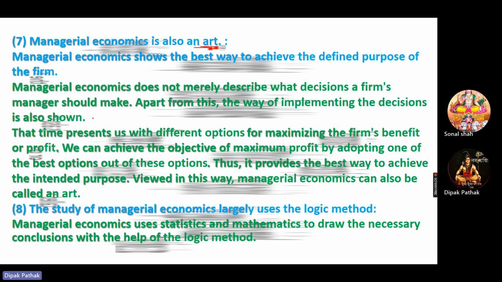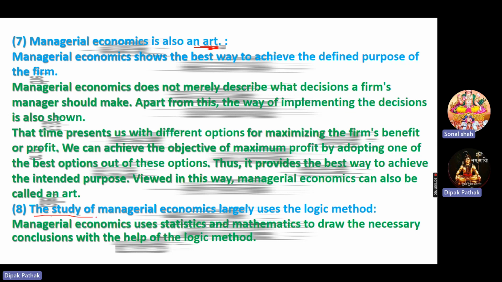The times present us with different options for maximizing the firm's benefit or profit. We can achieve the objective of maximum profit by adopting one of the best options out of these. Thus, it provides the best way to achieve the intended purpose, like maximum selling, maximum profit, or utilization of the production capacity of the firm. Viewed in this way, managerial economics can also be called an art.